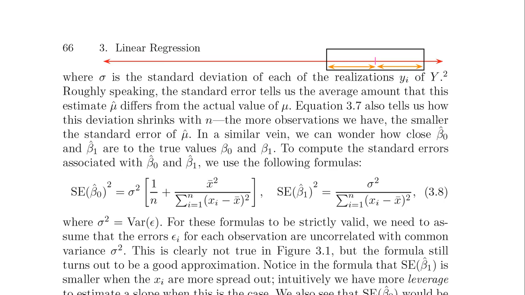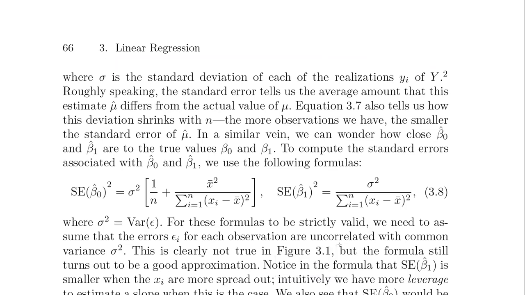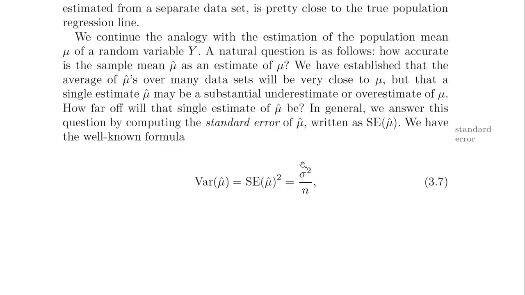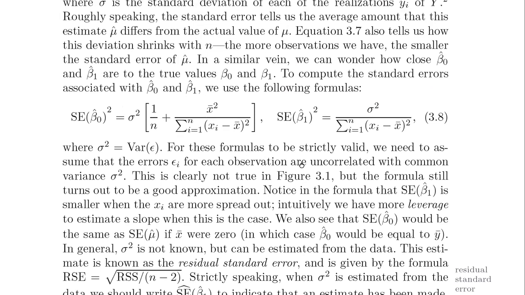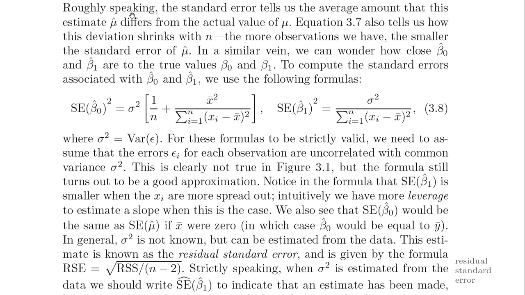Of course, you want to minimize the width of that interval. The narrower it is, the more certainty you have in future predictions. And there's this dance between sigma and the number of observations. Again, it's worth rereading.